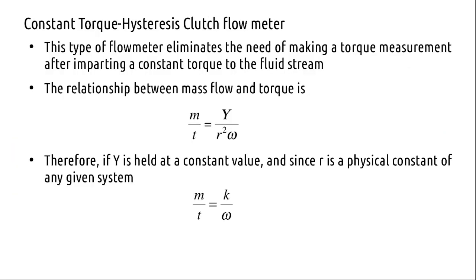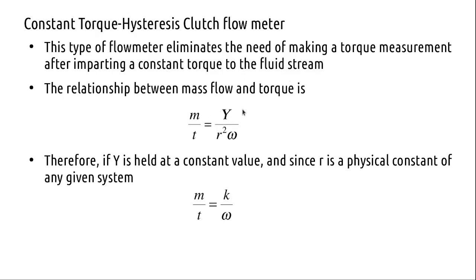We saw this flow meter. Now coming to today's discussion, that is the constant torque hysteresis clutch flow meter. This is in fact an extension of the angular momentum type of flow meter. We have already seen this relationship for the mass flow rate. Now in this type of flow meter, you need to make a torque measurement.